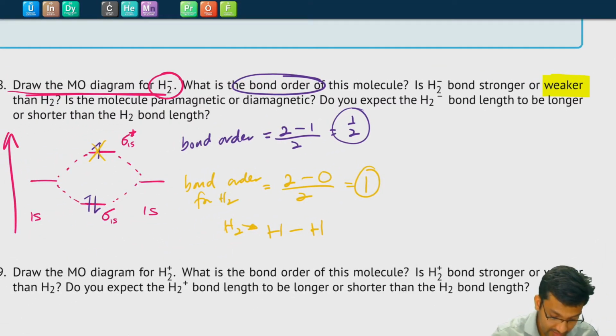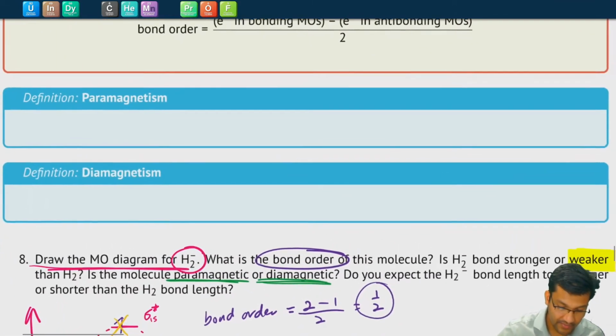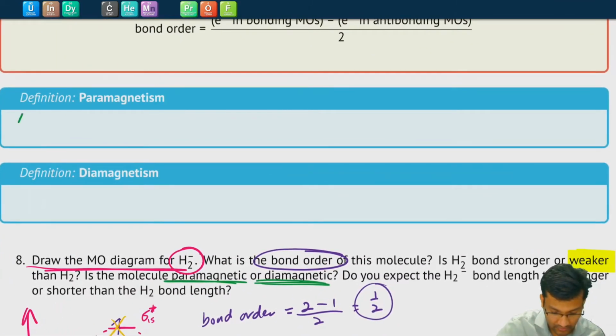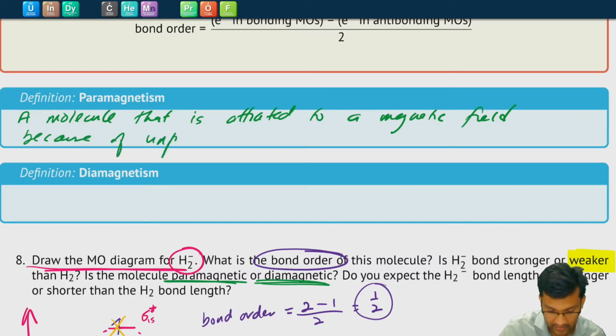Okay, now let's look at this idea of whether the molecule is paramagnetic or diamagnetic. Well, what do we mean by paramagnetic or diamagnetic? In paramagnetism, we have a molecule that is attracted to a magnetic field because of unpaired electrons.